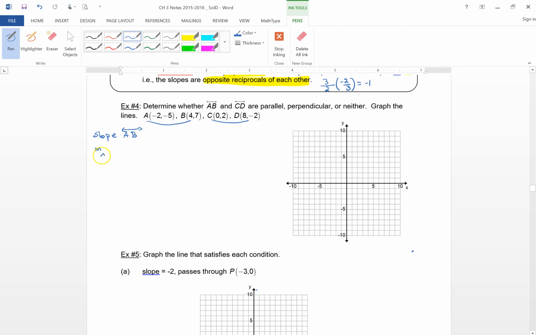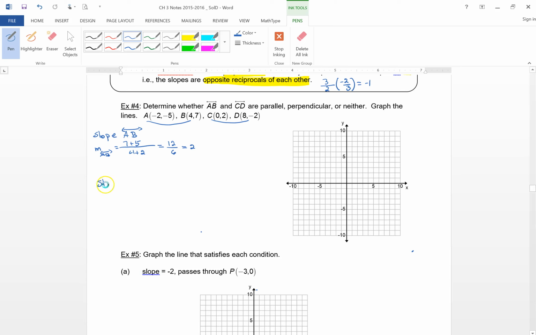And I can say M subscript AB like this, okay, is 7 minus -5 over 4 plus 2. This is 12 over 6. It's 2. Okay? 2 over 1. It's line AB.